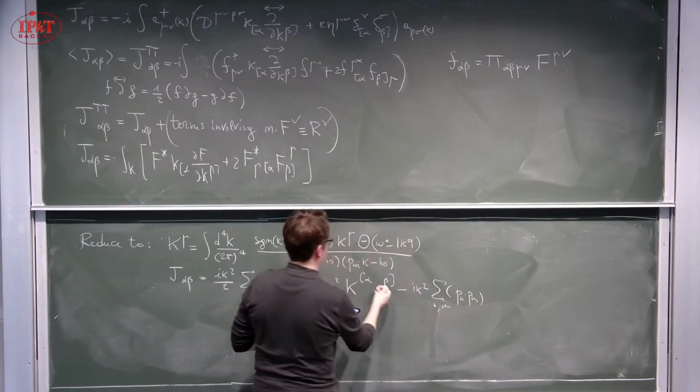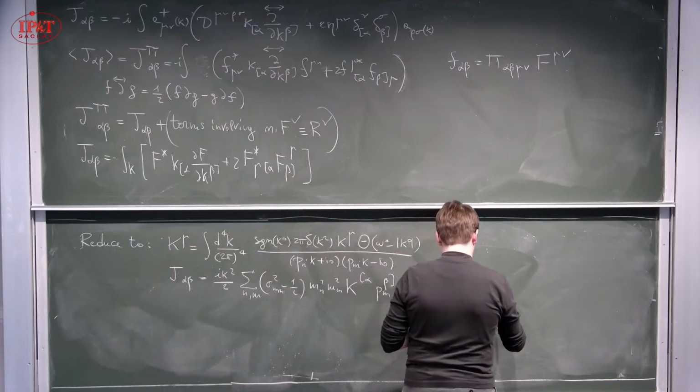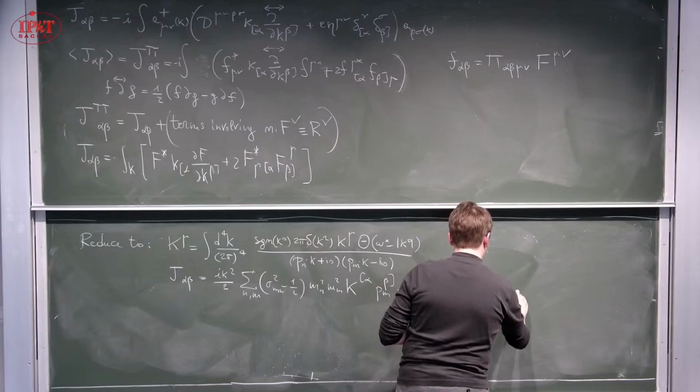There is a simple contraction in the term that comes from this distribution here, p n alpha p m beta.